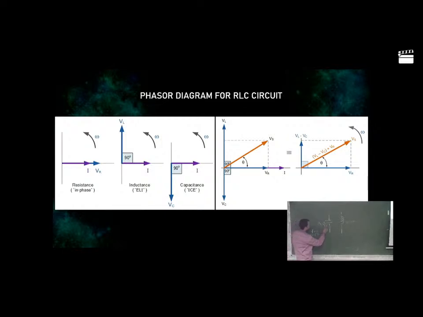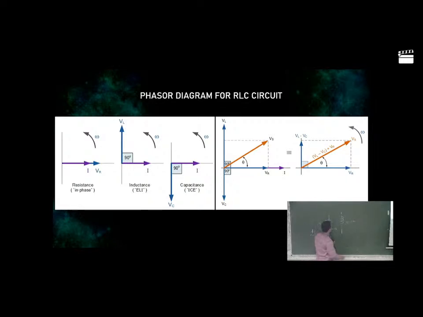So for a steady state, X equal to 1 by omega C tends to infinity. If any impedance tends to infinite value, it means they are offering high impedance to the current. They are not allowing current to flow through them. So we assume that in a steady state the capacitor is converted into an open circuit.